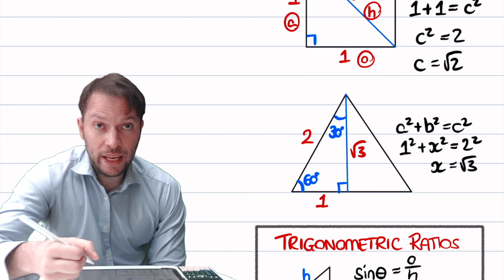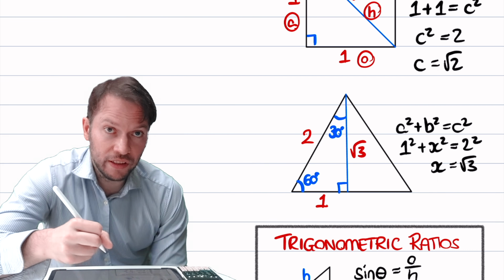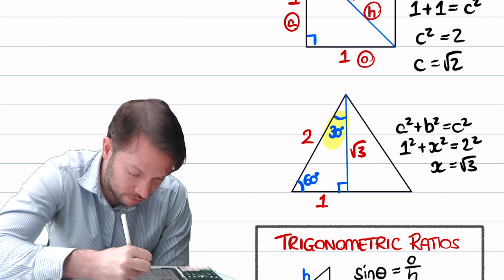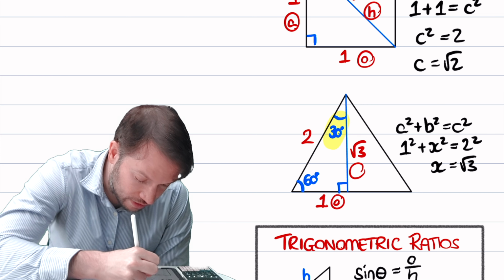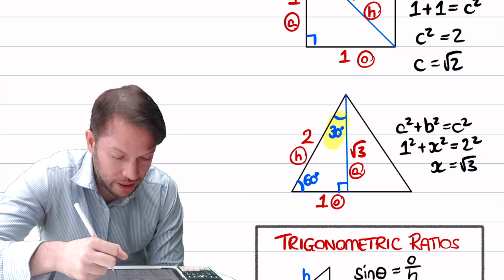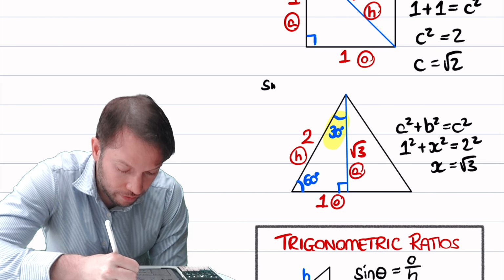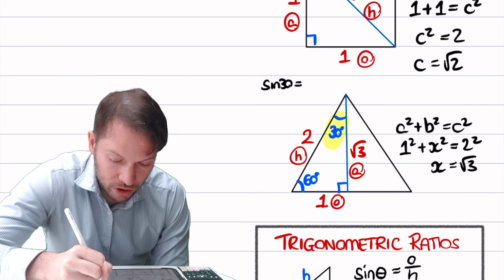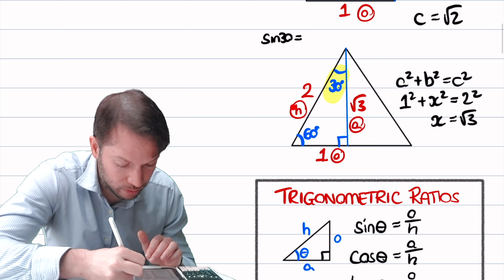And now we can work out what sine, cos, and tan of 30 degrees and 60 degrees is. If the angle of interest is the 30, then let's label the sides relative to 30. This would be the opposite because it's opposite the 30. This is adjacent to the 30, and the longest side is the hypotenuse. And that means if we work these out, sine of 30, using this table here, is O over H, which is 1 over 2.